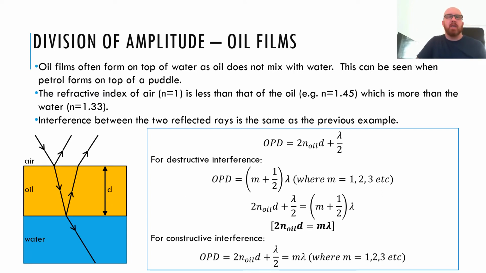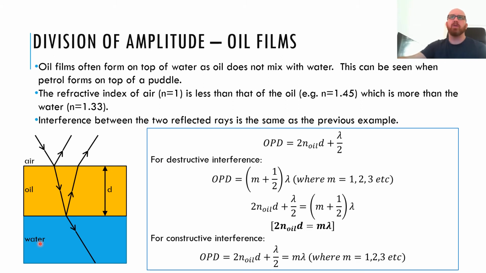The refractive index of air is 1, which is less than that of the oil film, which is more than that of the water. So the oil is the most dense of the three materials.